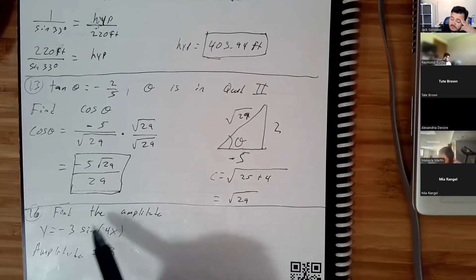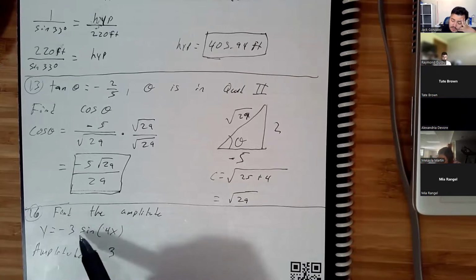All right, we take the positive value, the absolute value of whatever number is in front of the function.